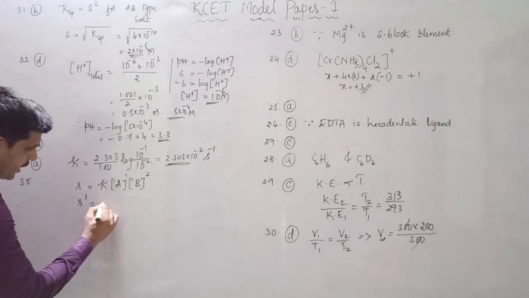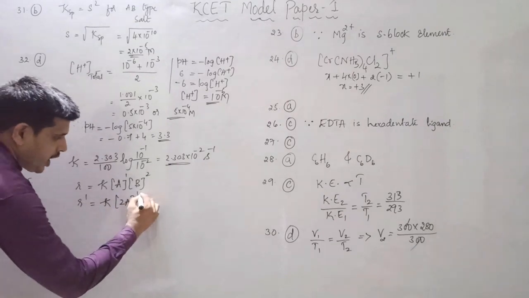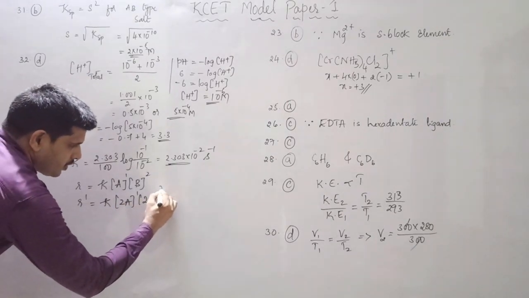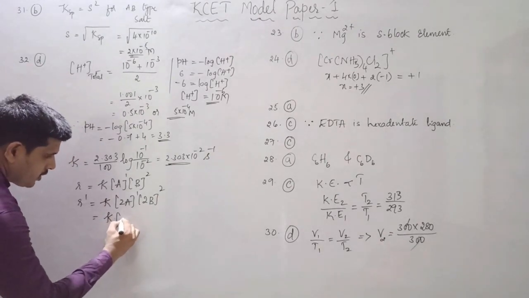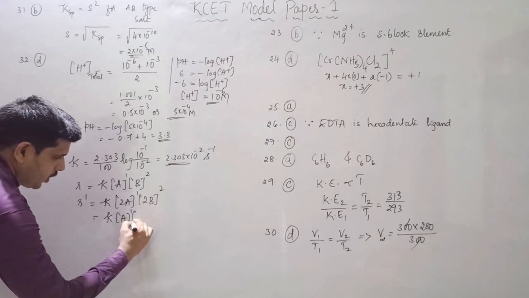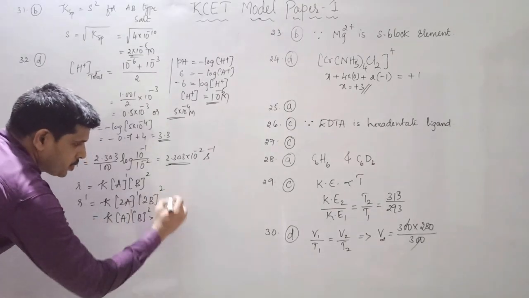So R dash, let me write, equals K into 2A, doubling, so 2 times, and 2B, so that is squared. So overall it will be K into concentration of A to the power 1 and B to the power 2. I'll take that outside. So 2 into, here 2 squared is 4.